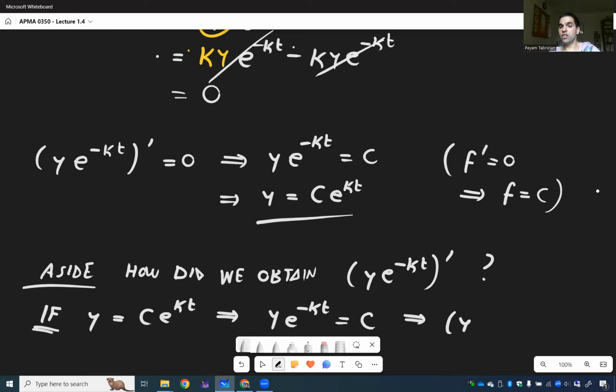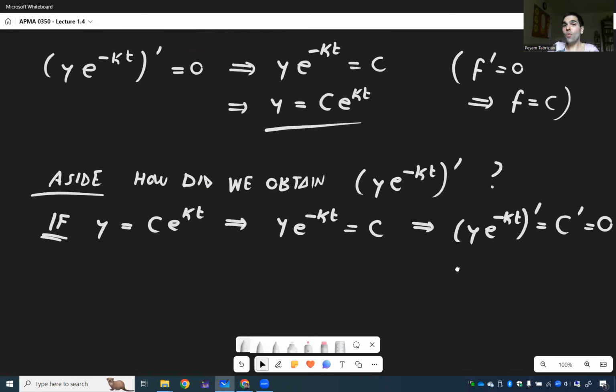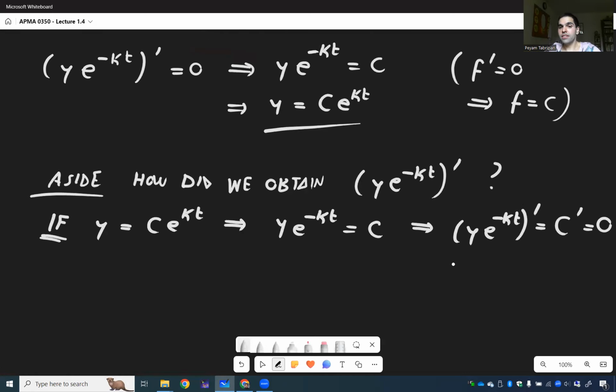And in particular, the derivative of this was c prime, which is 0. So if y had this form, then that derivative would be 0. And kind of what we did, we reversed this. We started with y e to the minus kt prime. We showed it is 0. And then we found that y is ce to the kt. And on the homework, you will see a second order analog of this as well.